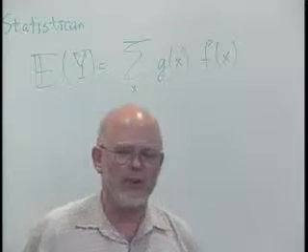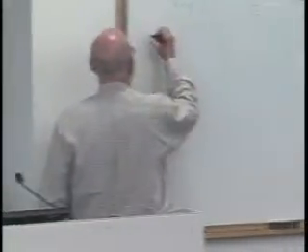So what this will say is take all the values of x, square them in my example, and weight each value of x squared by the probability that the value of x that gives rise to it occurs. That's a correct calculation, but it's not exactly what the definition of expectation tells you to do.